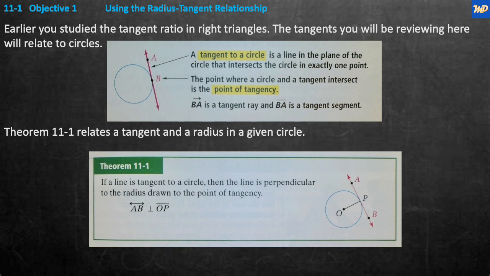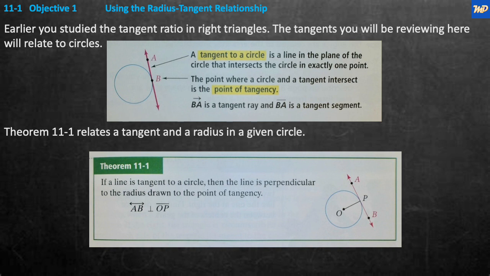Theorem 11.1 relates to a tangent and a radius in a given circle. And as we see it here, it's the same picture we're just looking at. But it says, if a line is tangent to a circle, then the line is perpendicular to the radius drawn to the point of tangency. So if you draw a line from the center of the circle, which is at O here, out to the circle's edge at the point of tangency, that is the radius.